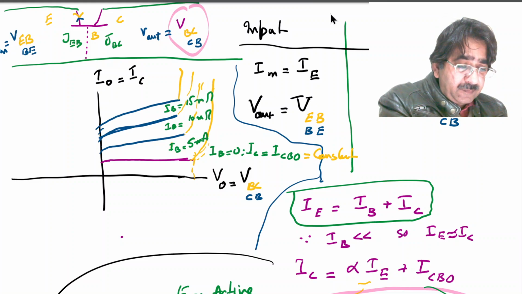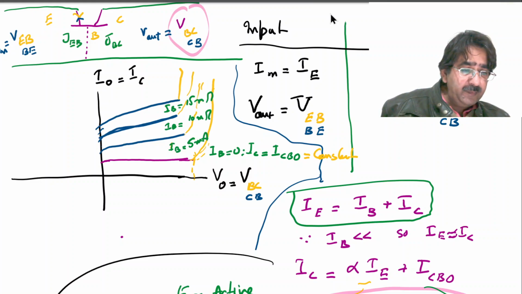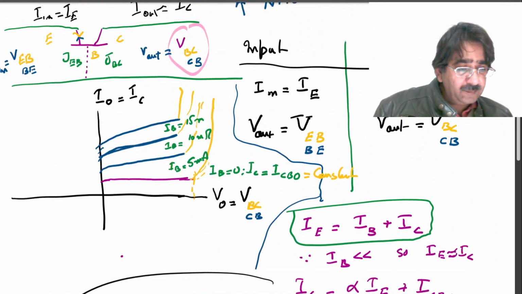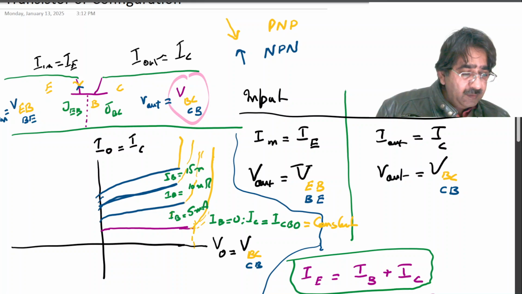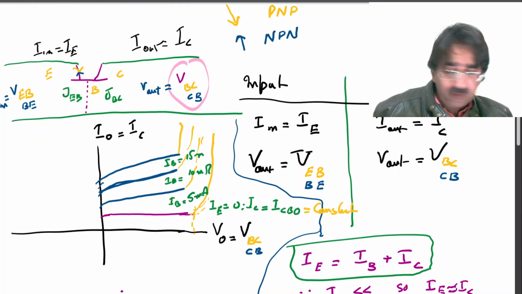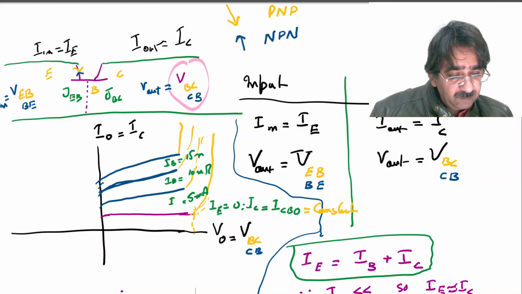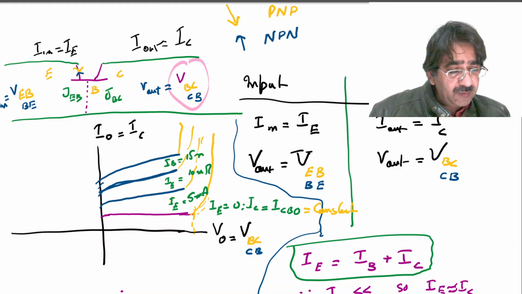Sorry, this is not IB, this is IE, not a base current. This is about IE, so I must write IE, not IB, because this is the input.